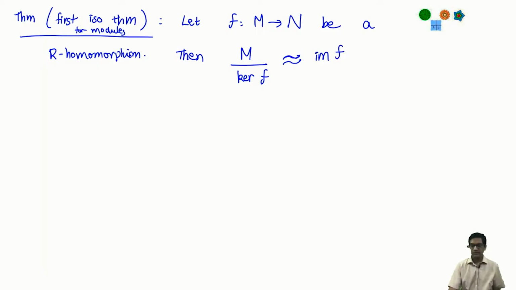Remember, image of f is a submodule of N, a module in its own right. M by the kernel is a quotient module. The claim is that these two are isomorphic as R modules.